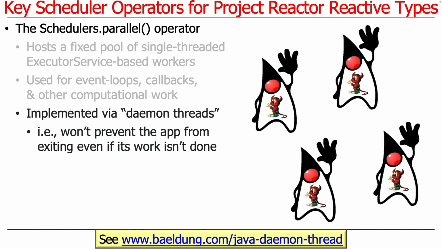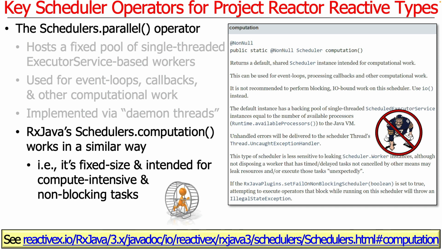So if there are no more user threads and only daemon threads running, say, in the parallel thread pool, then the app will exit, which may or may not be what you want. So be careful. The good part is you don't have to clean it up explicitly. The bad part is it could exit without things being done.